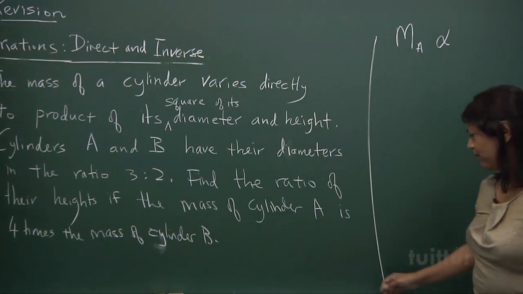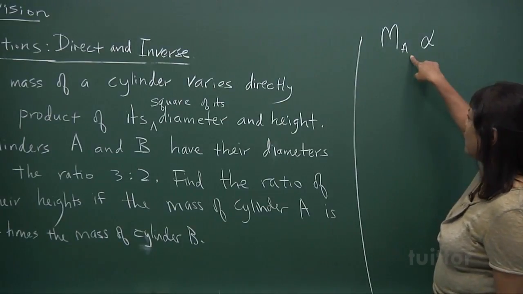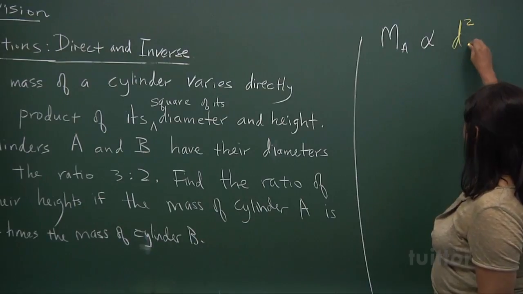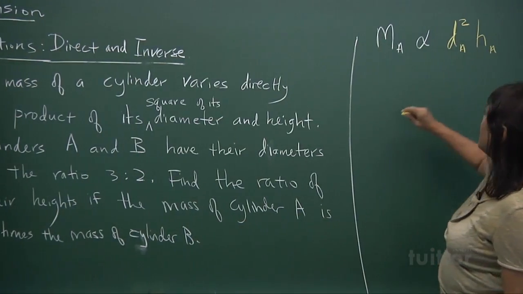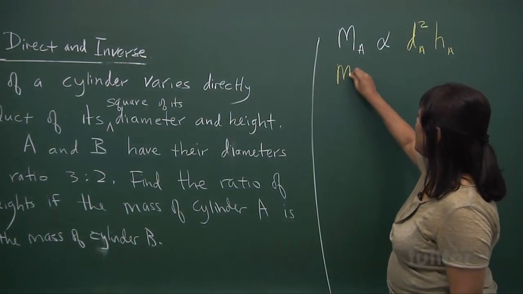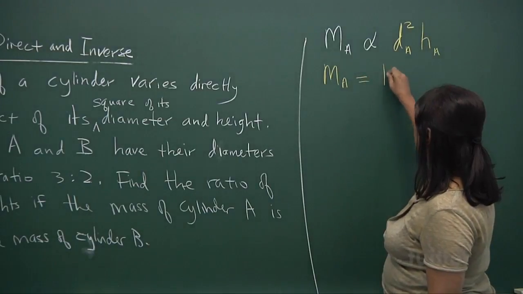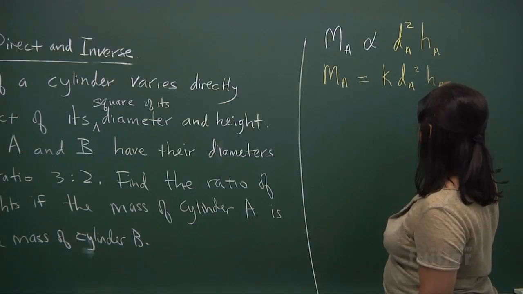Now, what we do is we look at mass. Mass of A varies with the square of the diameter of A and the height of A. So mass of A equals, introducing a constant K, K dA squared HA.